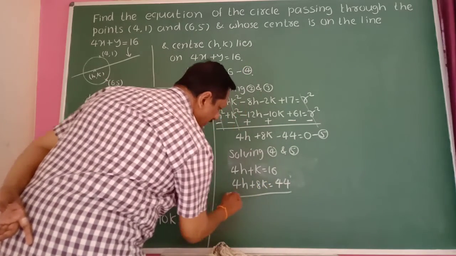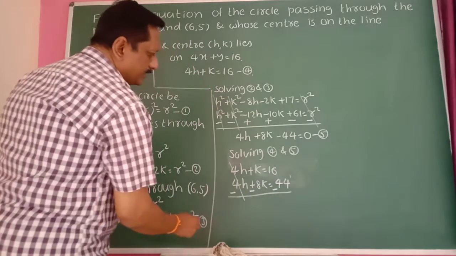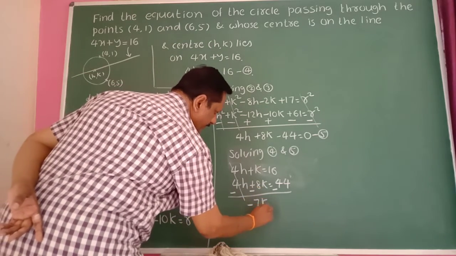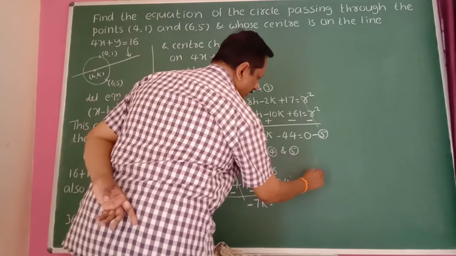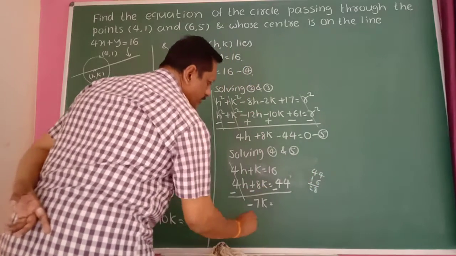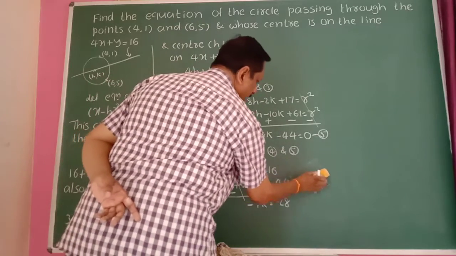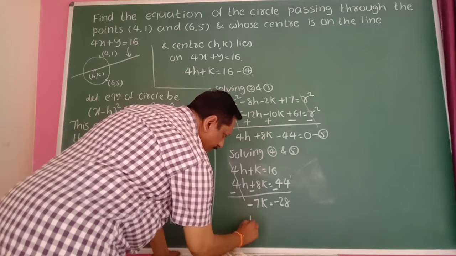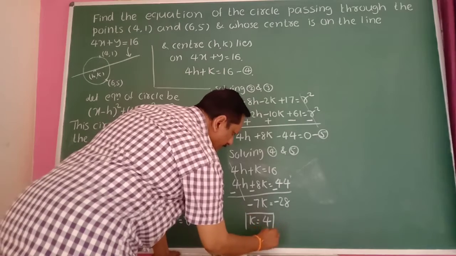Again change the sign and the 4h terms cancel. So k minus 8k gives minus 7k, equal to 16 minus 44, which is minus 28. Then take minus 7, minus upon minus is plus. Therefore k is equal to 4. The value of k is 4.